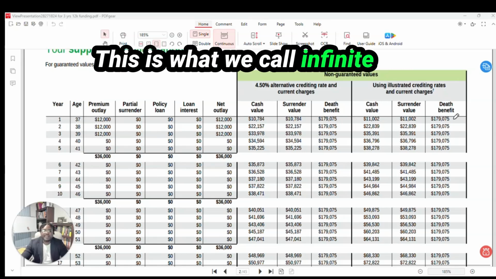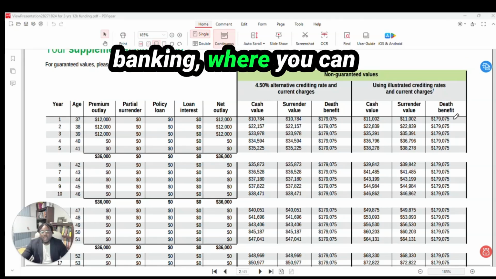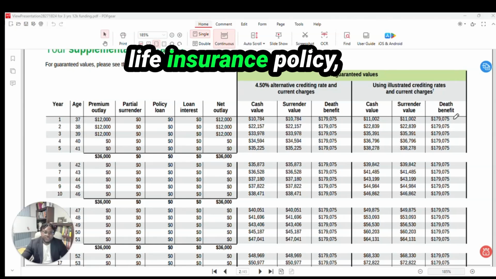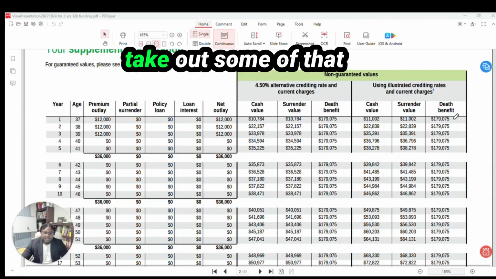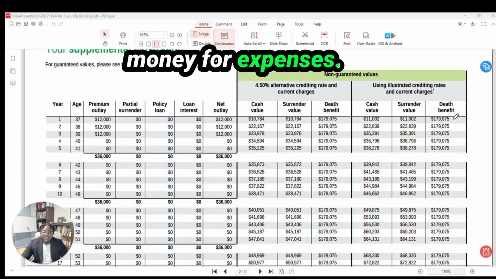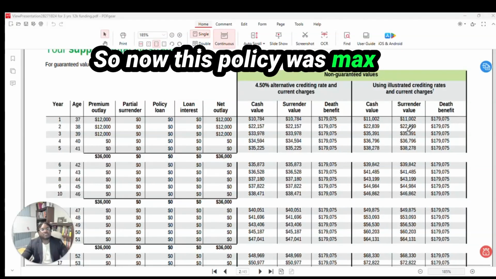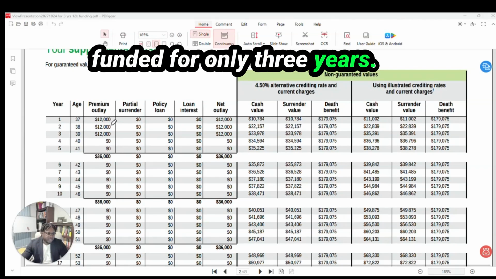This is what we call infinite banking, where you can put your income in the life insurance policy, take out some of that money for expenses, and you don't have to pay it back. So now, this policy was max funded for only 3 years.